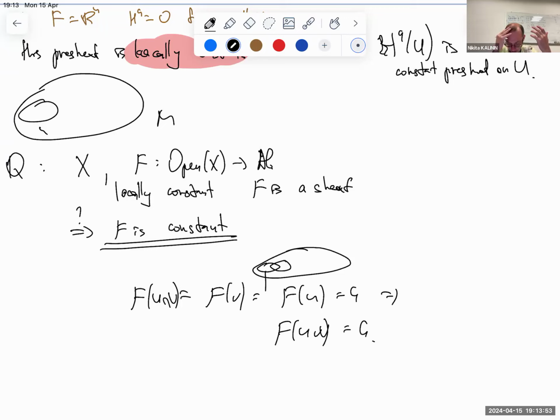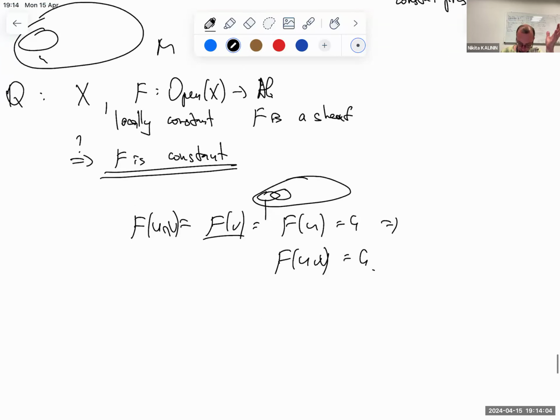We need just to show: take any element of F of U union V. From this group there are maps to F of U and to F of V. Okay, so how to draw it?